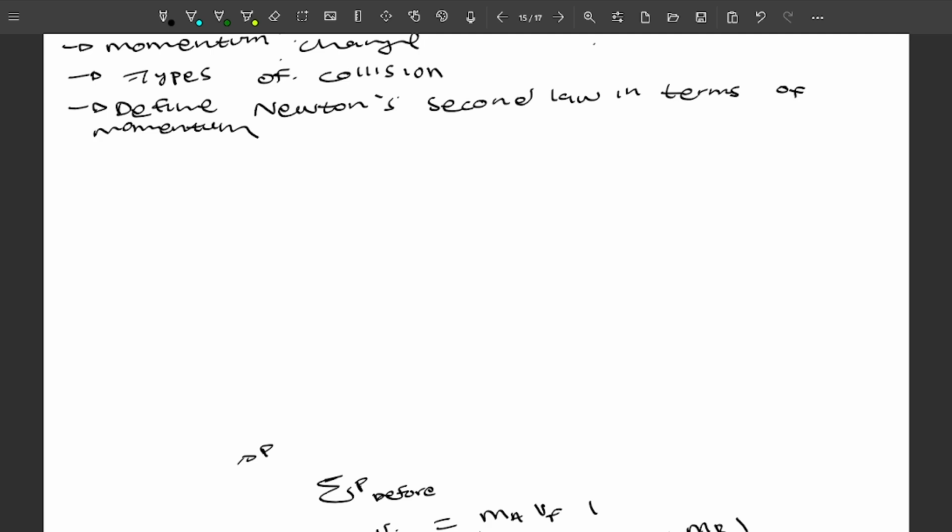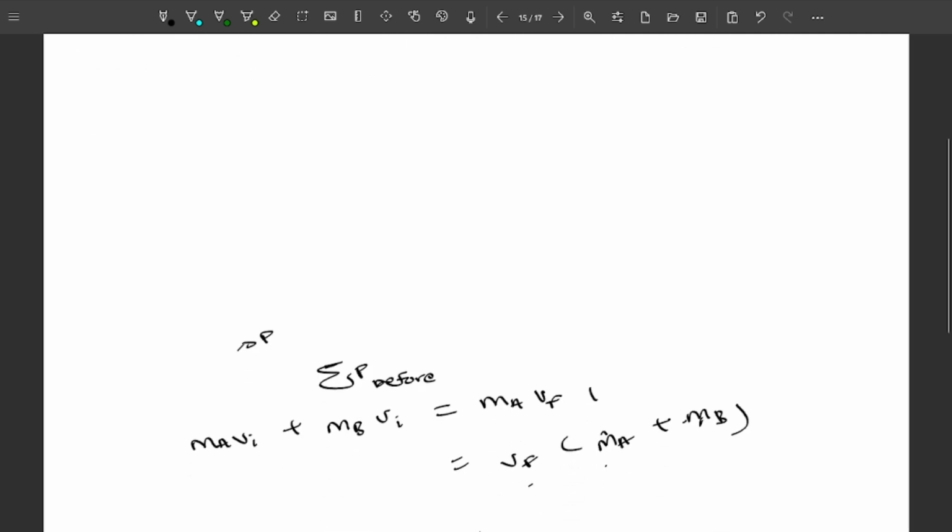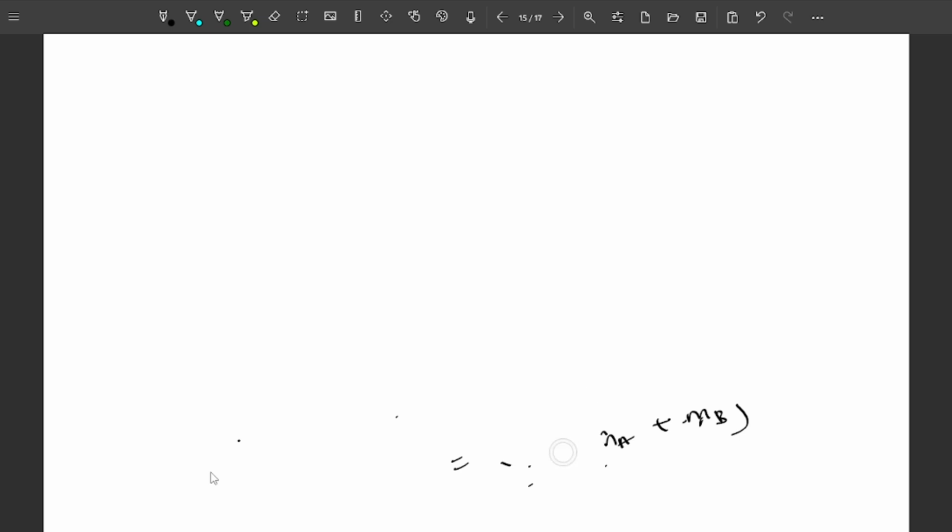And we're going to dig more into it when we're doing impulse, because impulse and Newton's second law of motion in terms of momentum are related. So you have to understand that. So far I have covered important things like the principle of conservation of linear momentum, where the sum of momentum before equals the sum of momentum after.